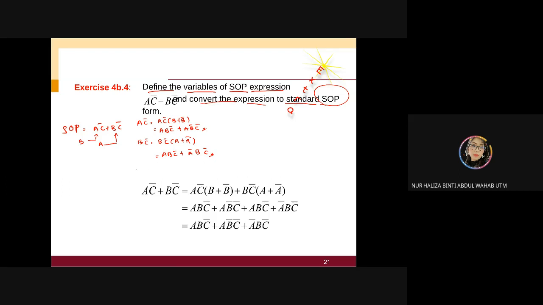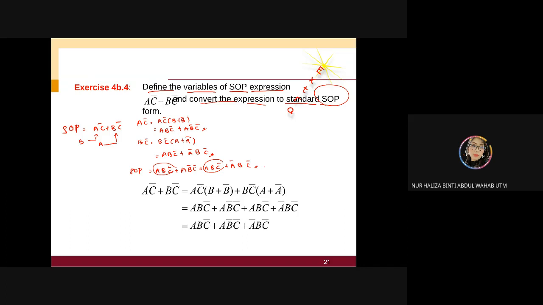Now I'm going to combine it together. My SOP equal to ABC bar plus A, B bar, C bar plus A, B, C bar plus A bar, B, C bar. And I can see this and this are similar.